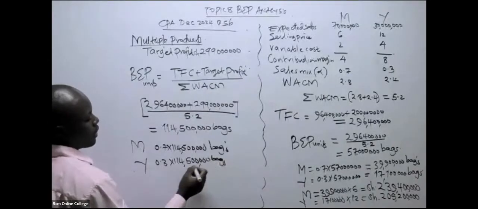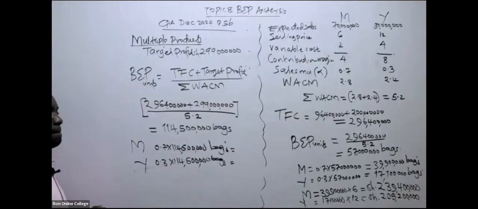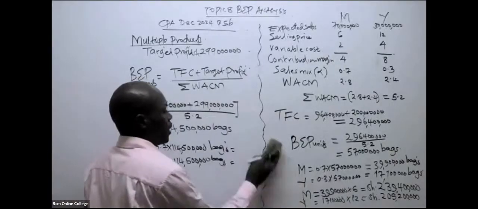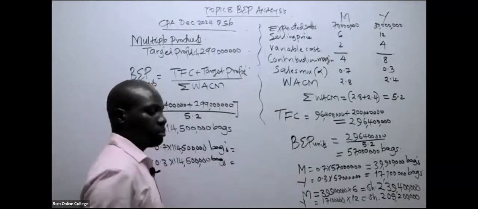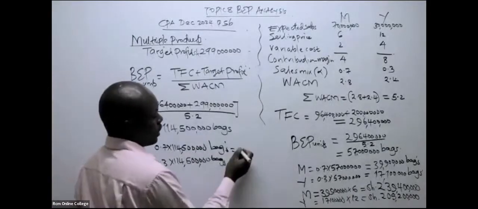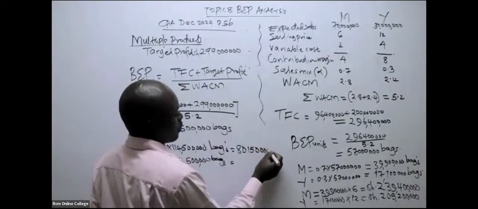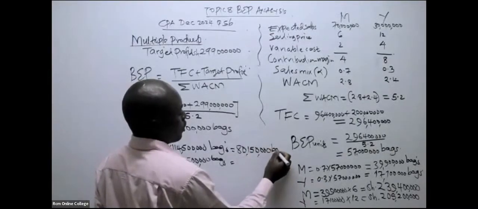Please go ahead and give me the number of bags that will be produced for M. Number of bags for product M. 150 million. 150 or 80,150,000 bags.